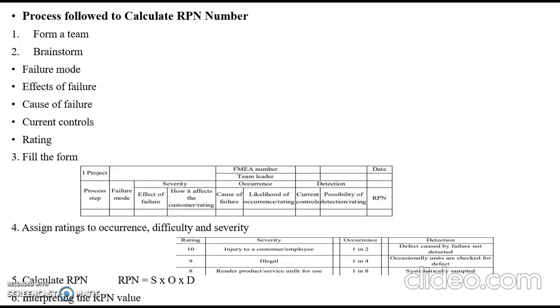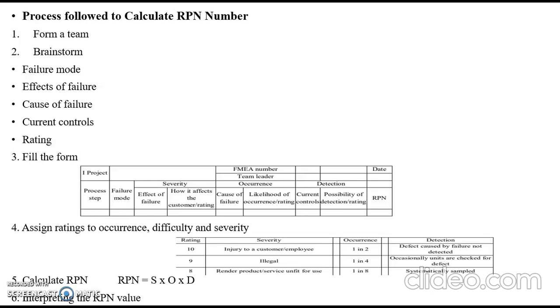Next one is brainstorm. The purpose of the brainstorm session is to identify, the first one, the failure mode. Failure mode is what could go wrong in the process. Next, the effect of failure. What will be the impact of such failure on the customer, both internal and external customer.